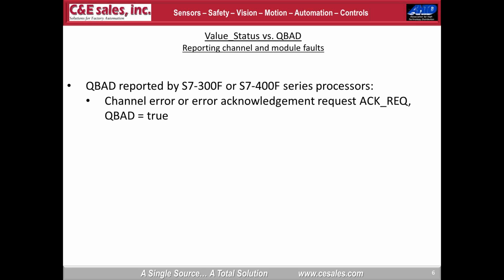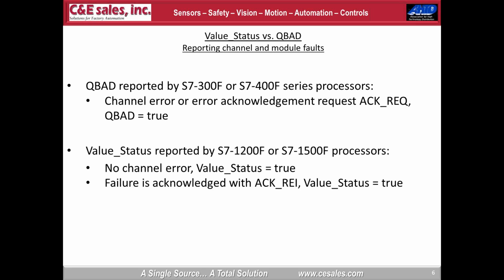So it's true when the channel or the module is faulted or it requires an acknowledgement, as opposed to the value status reported by 1200Fs and 1500Fs, in that when the module or the channel is in the run state, the value status is true. So it's the opposite state from the QBAD, and we'll see this when we look at some of the connections of some of the software blocks, that they still retain the name QBAD, but internally we have to supply the value status in the correct manner.